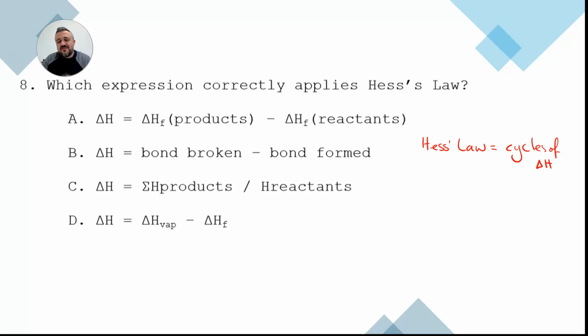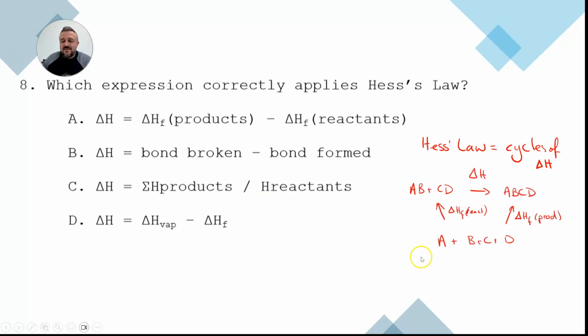So Hess's law is cycles, right? And it's always this. So we have the change of reactants going on. So this is what we're looking for, delta H going that way, which means delta H plus reactants gives you delta H products.